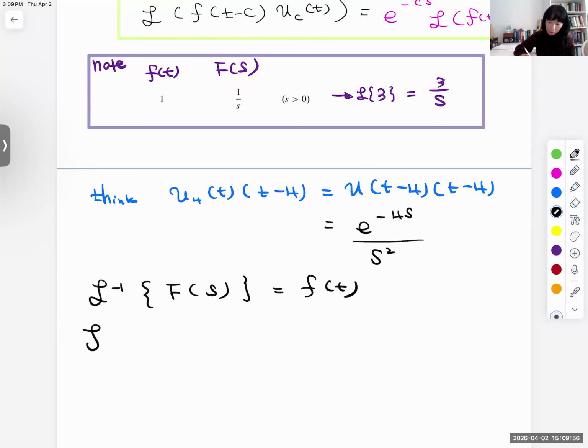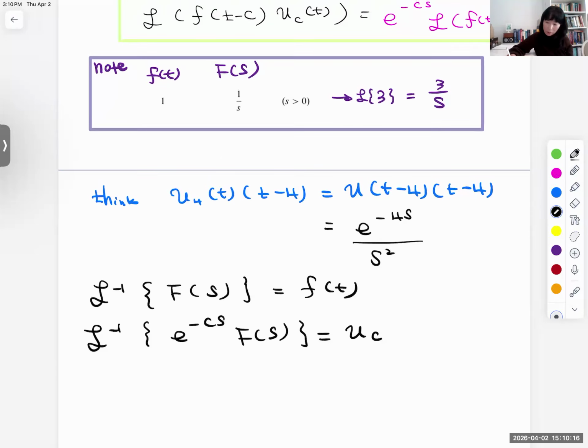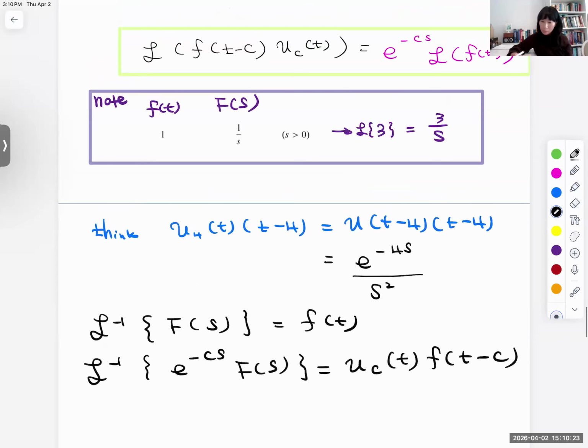Then there will be the inverse Laplace of e to the negative cs times F of s equal to u sub c of t times f of t minus c. We're using c notation, right? I think they're using a, but it's okay. So this is similar to this one.